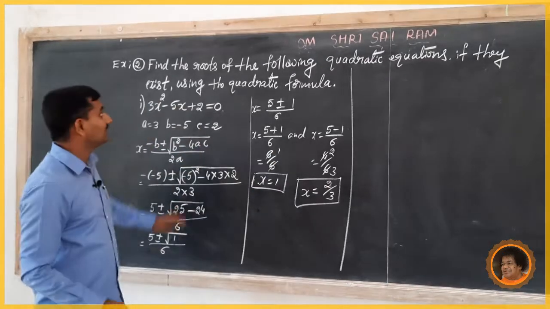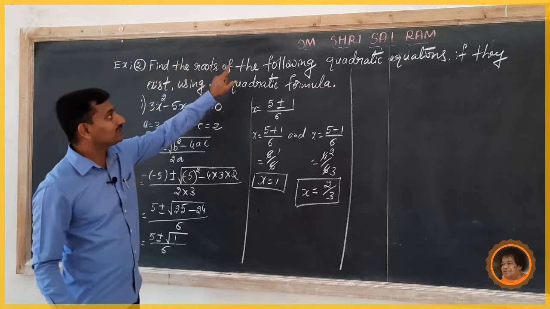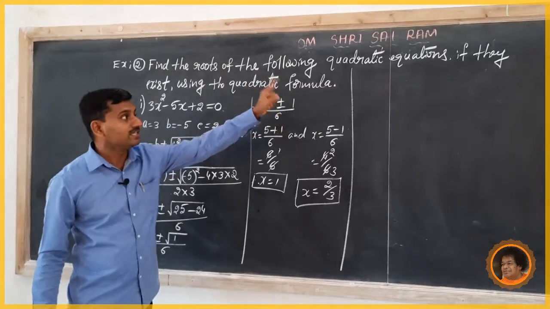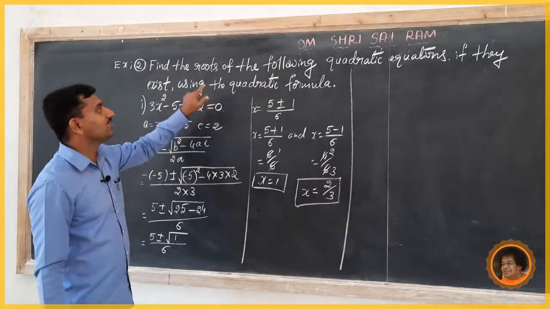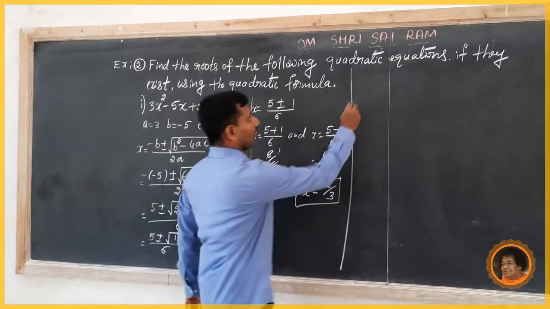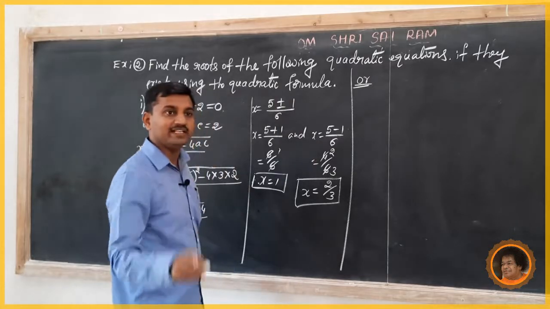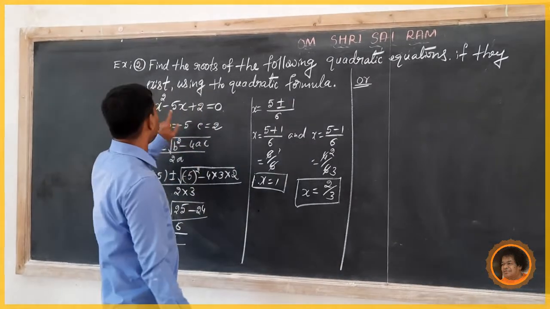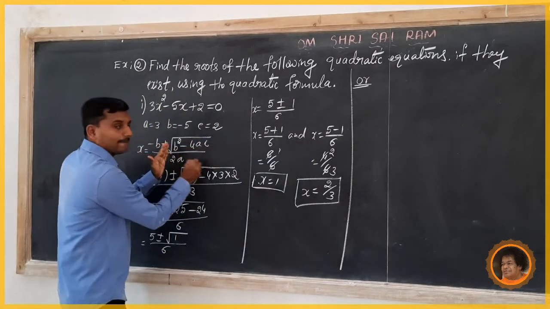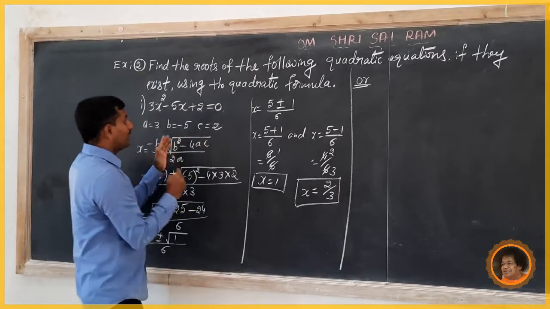Now one more method. So what is the question? Find the roots of the following quadratic equation if they exist using the quadratic formula, or we can solve this by first finding the value of b square minus 4ac.